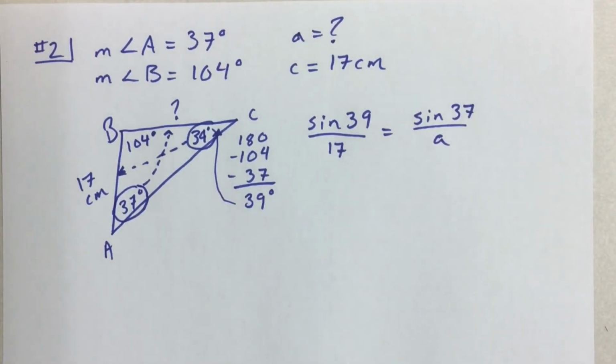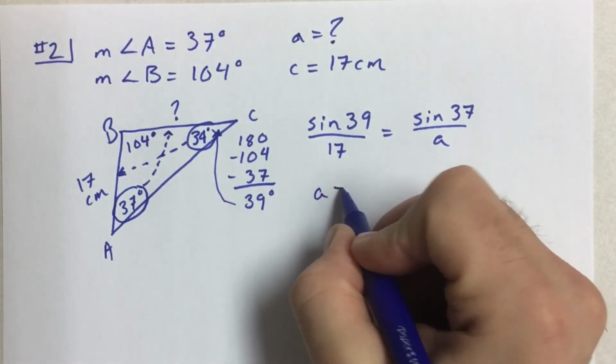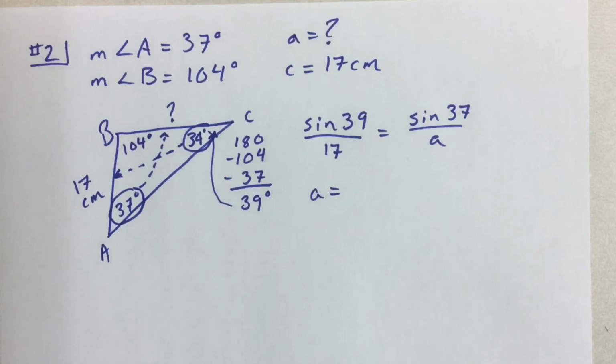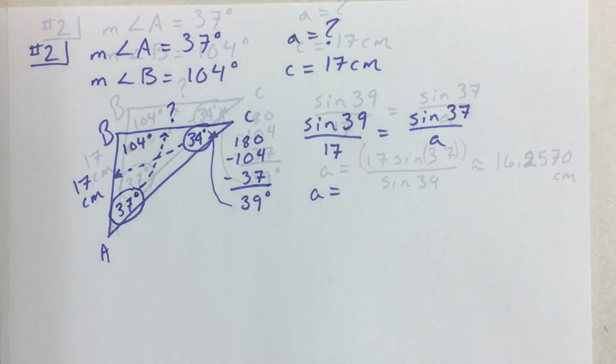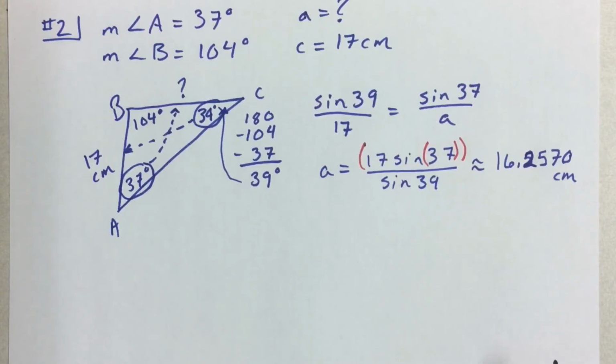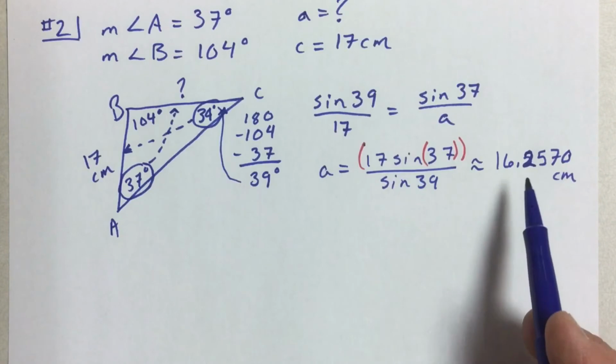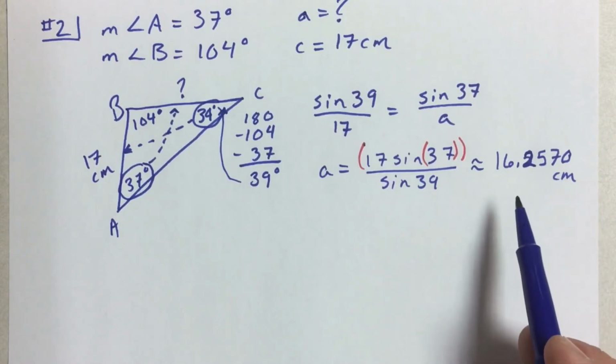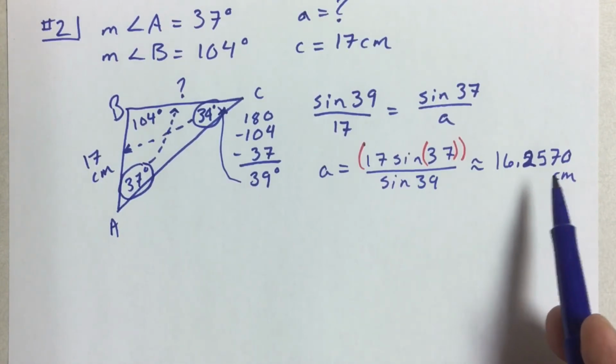Again, cross multiply. So we're cross multiplying here. Go ahead and take a moment and set it up and place it into our calculator. So how'd you do? So you have 17 sine 37 divided by sine 39. Place that into our calculator, we get 16.2570.